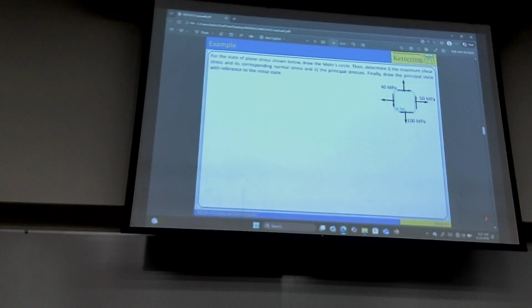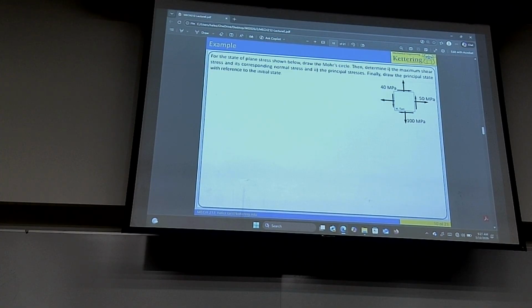And then the radius of the Mohr circle, what parameter did we assign it? Pay more attention. The radius would be tau max. All right, the center is sigma average, and the radius is tau max.